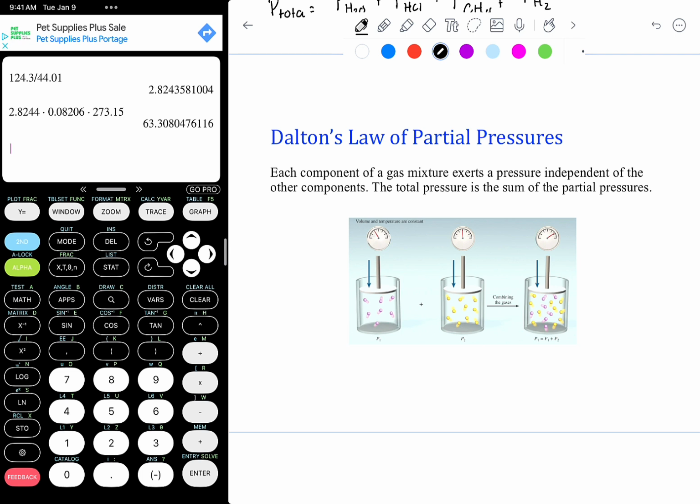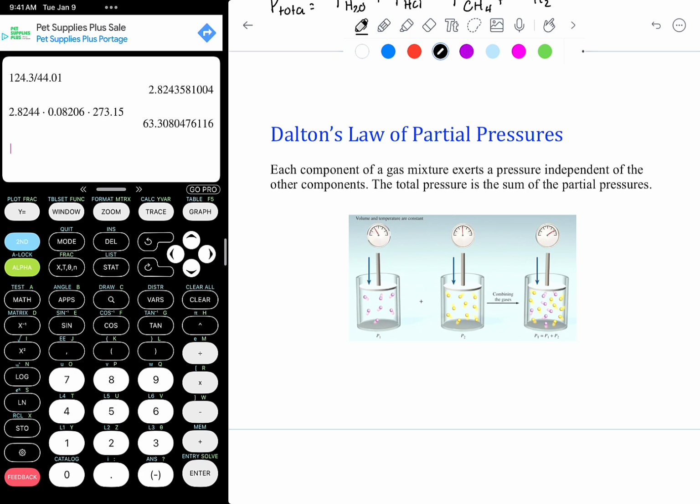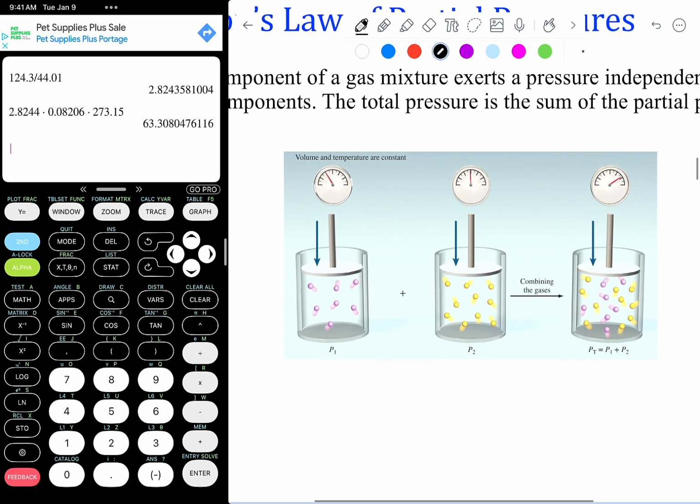The total pressure is the sum of the partial pressures, which is what this is showing here. You have these purple ones, which are exerting a quarter of the amount on here. And then you have the yellow ones that are exerting about half on there as well. So when you combine them together, their pressures combine to about 3/4 of the total there.